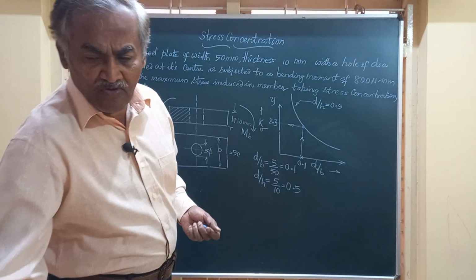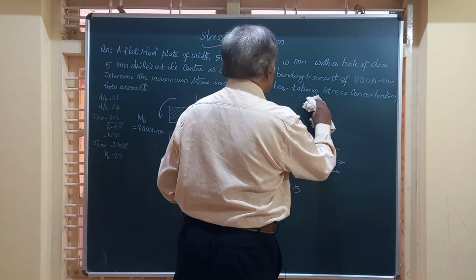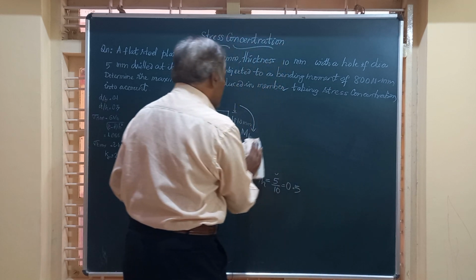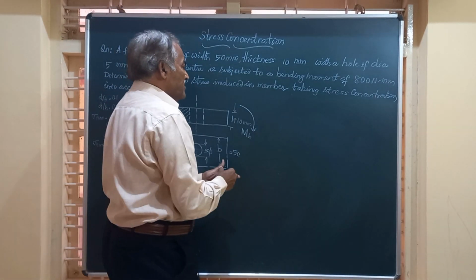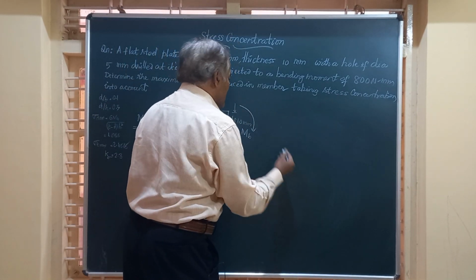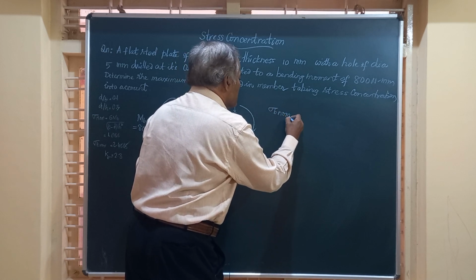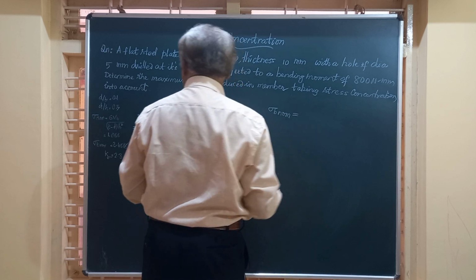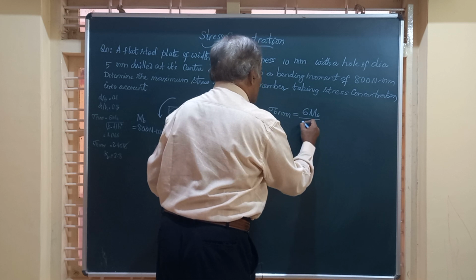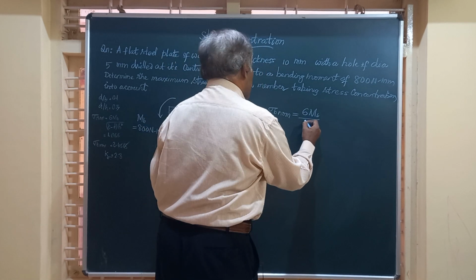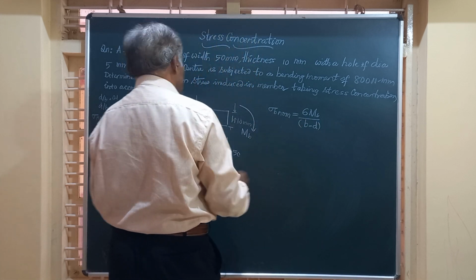So we have got the value of K sigma, and by finding the value of sigma B nominal, the equation of which is given in the same graph at the corner, you will say sigma B nominal is equal to 6 M_B divided by (b minus d) multiplied by h square.